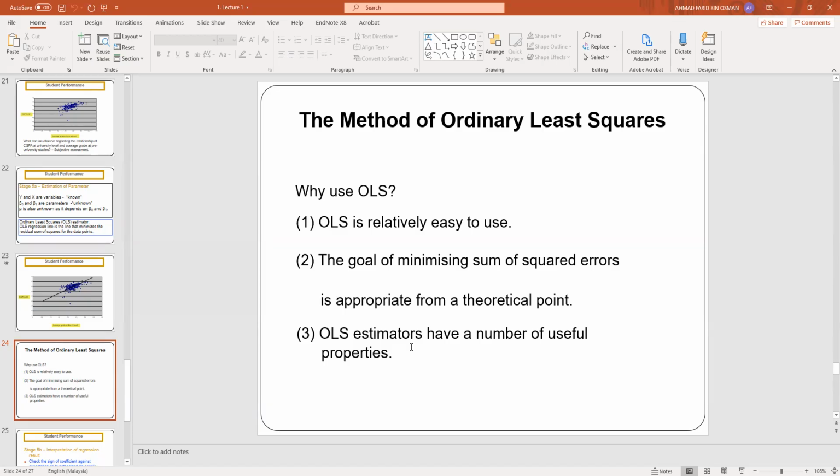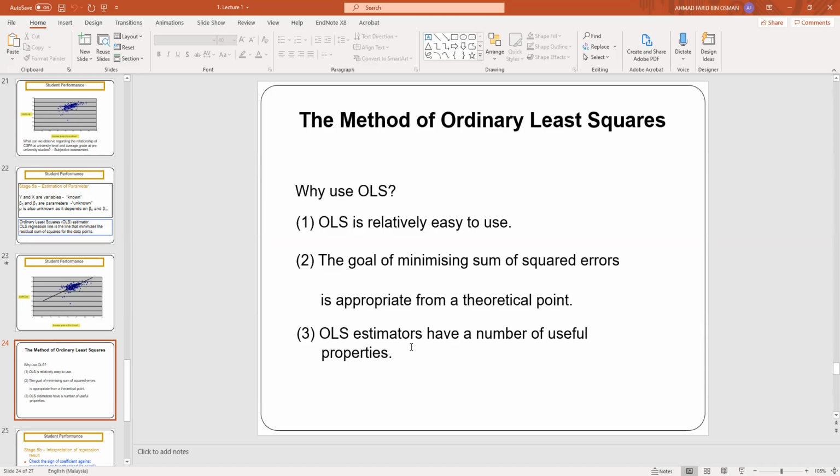If we take the average of all possible estimates from different samples, and the estimator is unbiased, then the average of the estimates is exactly equal to the true value of the parameters. So we call that kind of estimator an unbiased estimator.